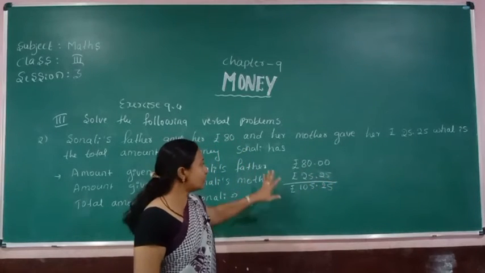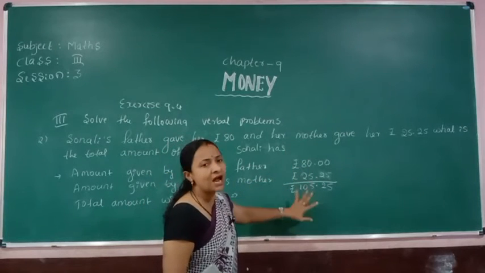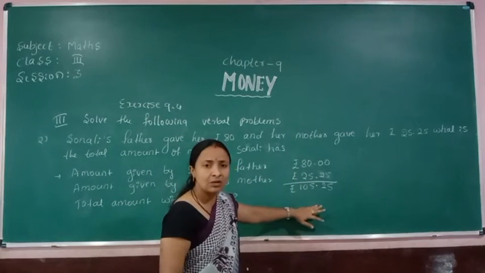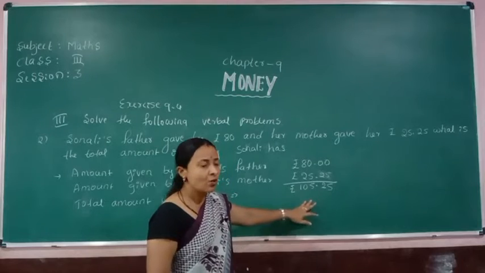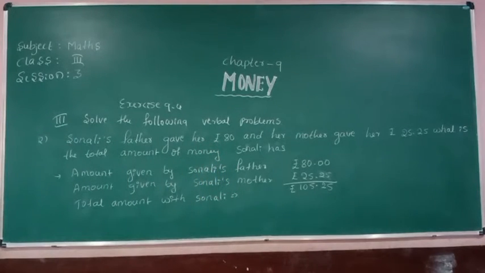Okay, the father gave some amount, the mother gave some amount, so we add both, we get the total amount with her. How much? 105 rupees 25 paise. Yes. Okay, next one.